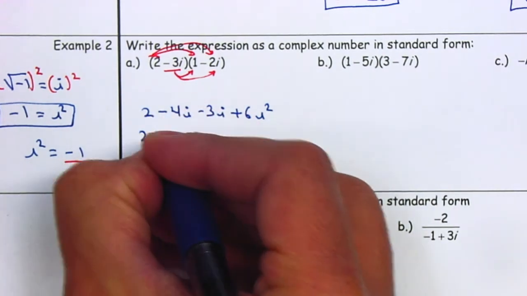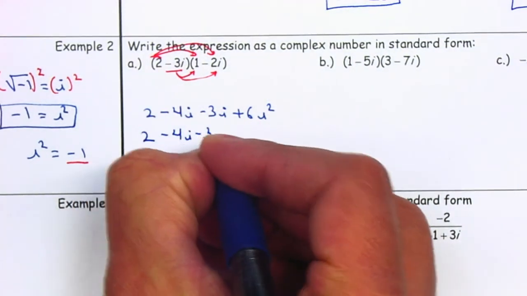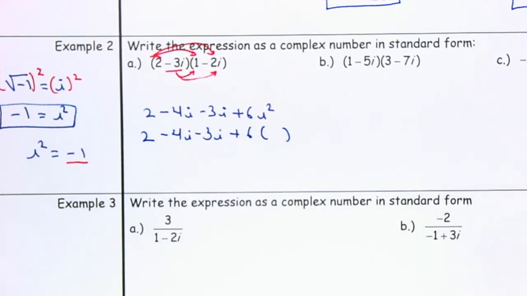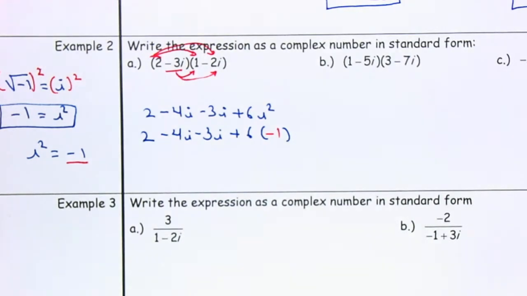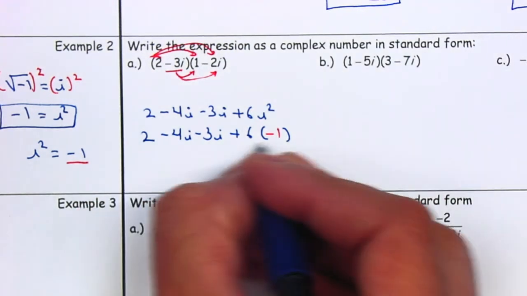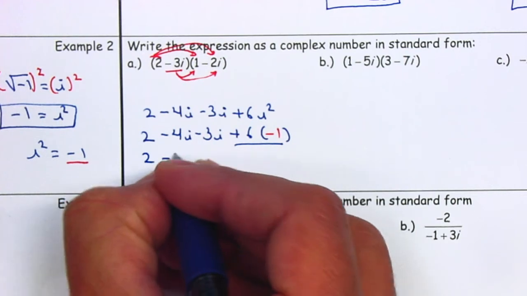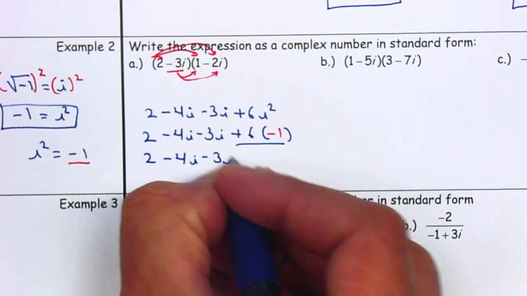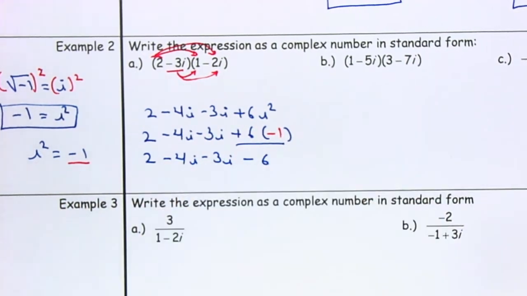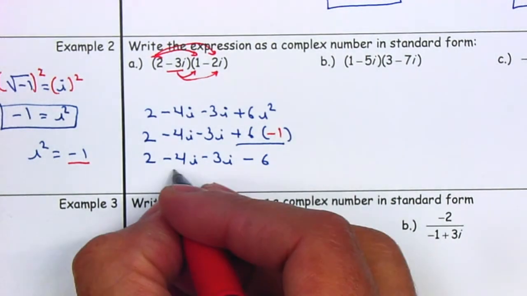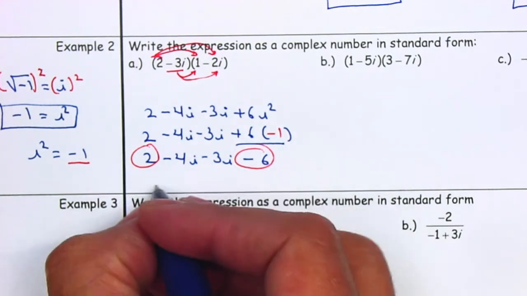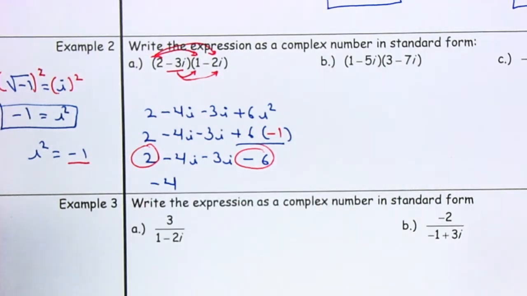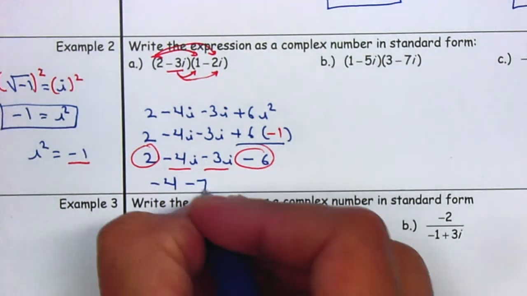We have 2 minus 4i minus 3i plus 6, but instead of the i squared, we're going to replace it with a negative 1 because that's the value of i squared. We're going to continue to simplify this. So 2 minus 4i minus 3i minus 6. And now we're going to combine like terms. We combine all whole numbers, or the real part, which is negative 4. We combine our imaginary parts, which is negative 7i.